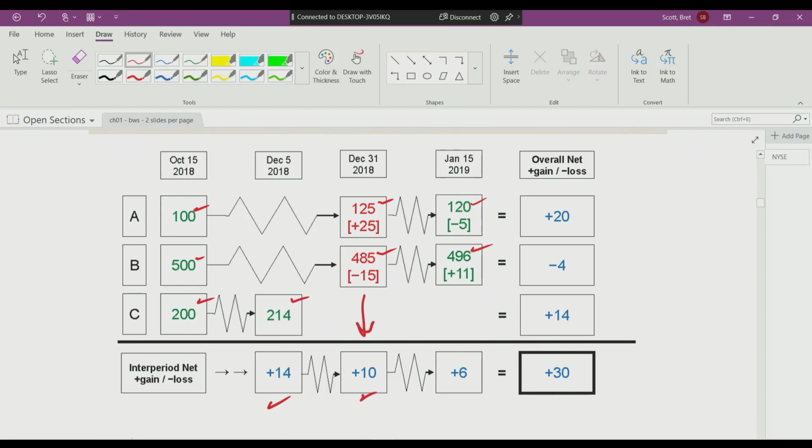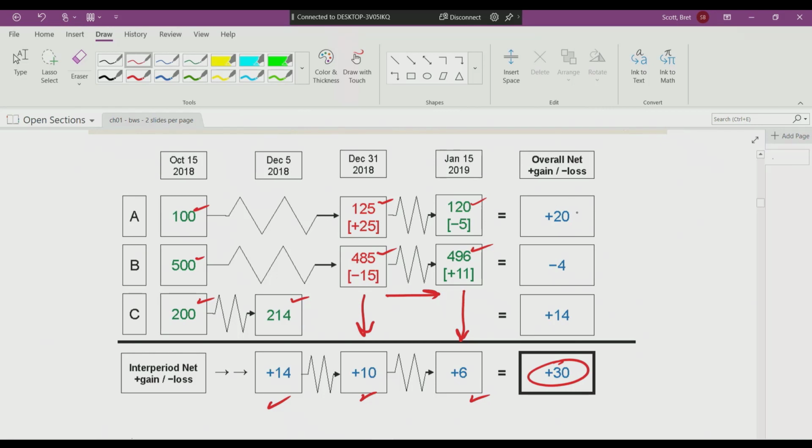And then on January 15th, when I sell these things, I recognize an adjustment from period to period of a $6 realized gain. So that gives me some events about the movements and the value. But overall, you can see that there has been $30,000 in gains, in realized gains.